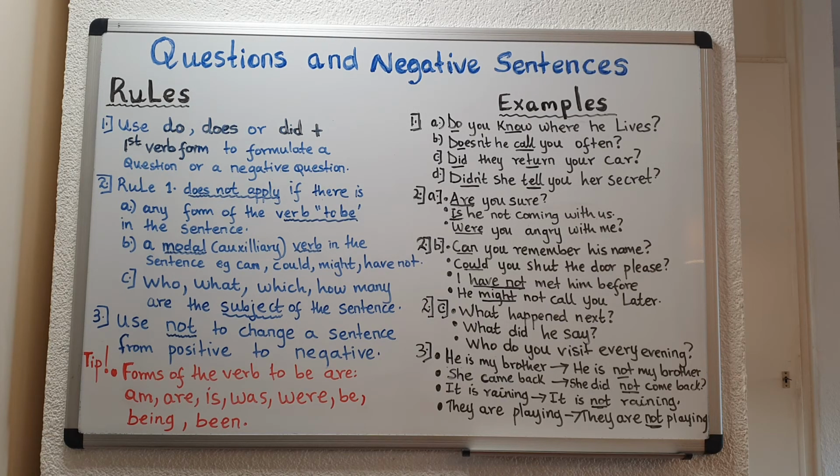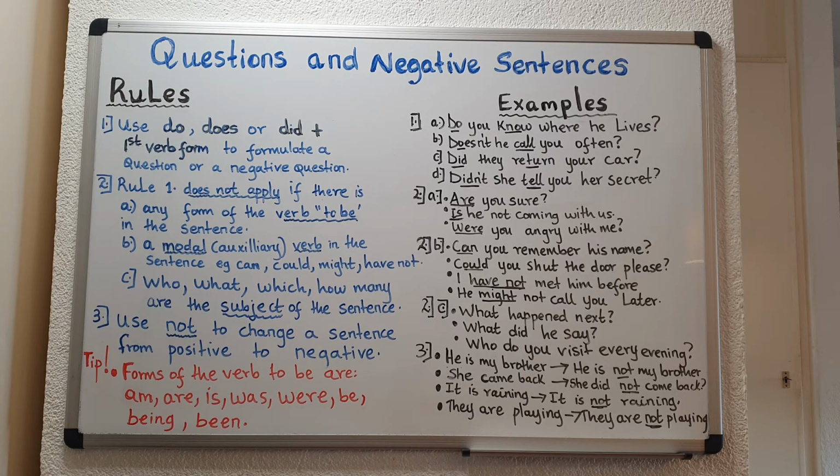Rule number 1, which we looked at, does not apply if there is who, what, which, or how many as the subject of the sentence. And what is the subject of a sentence?